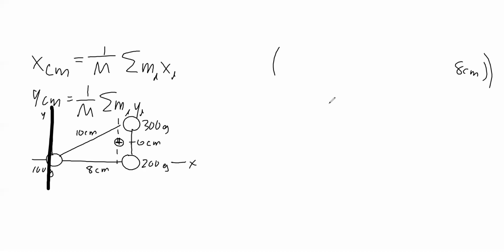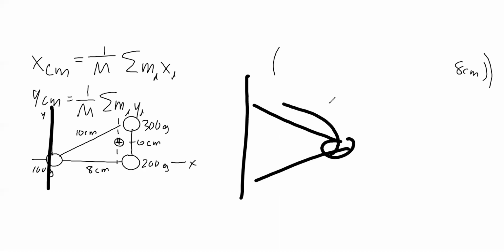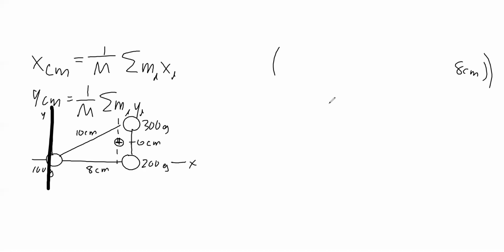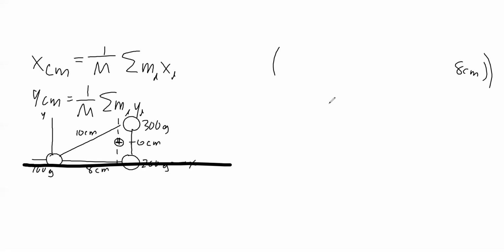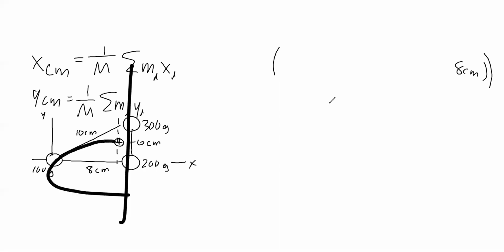Looks like I have some stray mark up there. There was a problem like this that we did in chapter 8 where this thing was going around and around and around. That's what I'm talking about. So that's one possible way to get the thing to rotate. Another possible way is around this axis, so it goes like this. Or you could have it rotate around this axis, so it'll go like this.